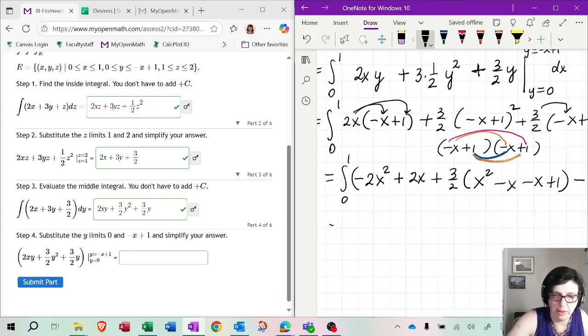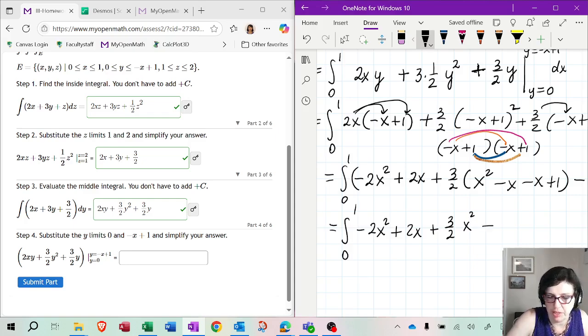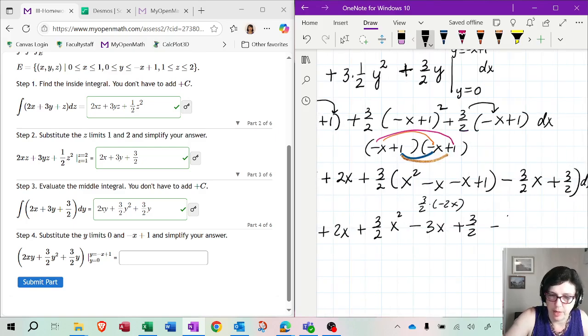Okay, what remains is distribute and combine like terms. It's a lot of computations. So here we have 3/2 x squared. Here I have negative 2x multiplied by 3/2, so 3/2 times negative 2x will give me negative 3x. And then minus 3/2 x plus 3/2.